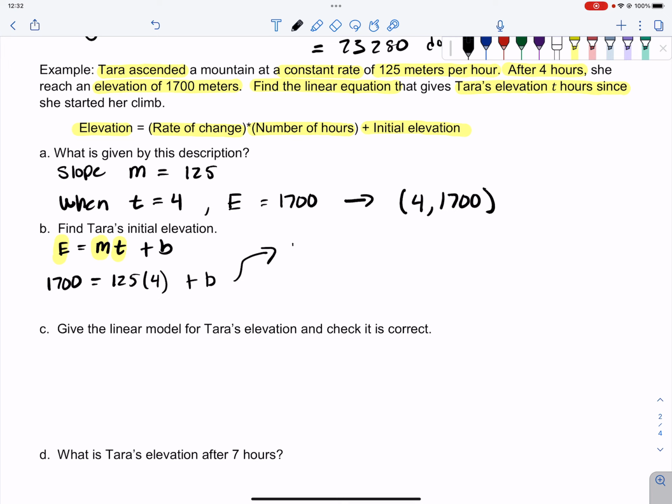A little bit of simplifying, we have 1,700 is equal to 500 plus b. And now we can subtract 500 from both sides. And we get 1,200 is equal to b. So the initial elevation is 1,200 meters.